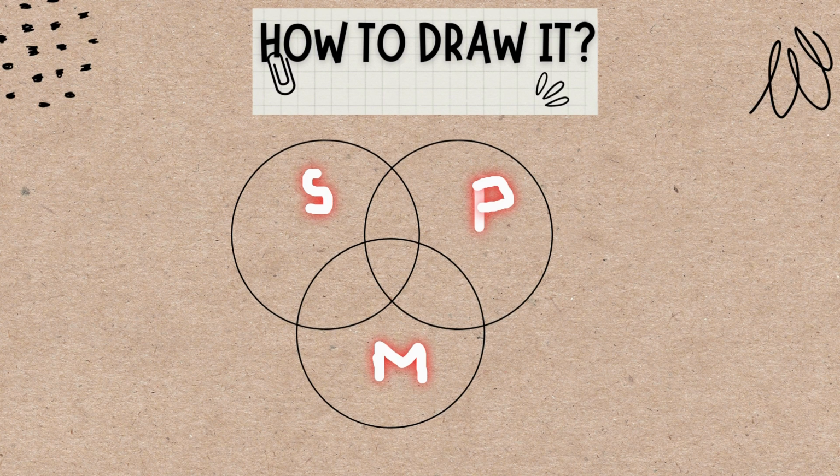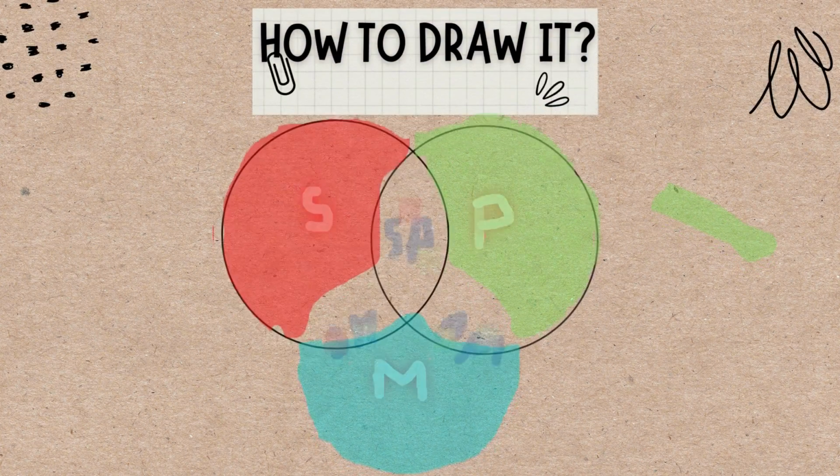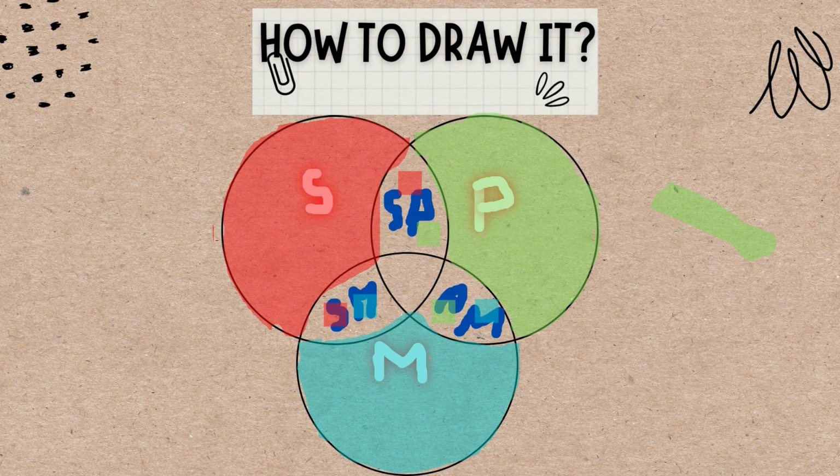So, how to draw the Venn diagram? To make it simple, we draw three circles, and each circle denotes one of the three terms: minor term, major term, and middle term, which we simply call S, P, and M. The area of S is covered by red, the area of P by green, and M by blue.